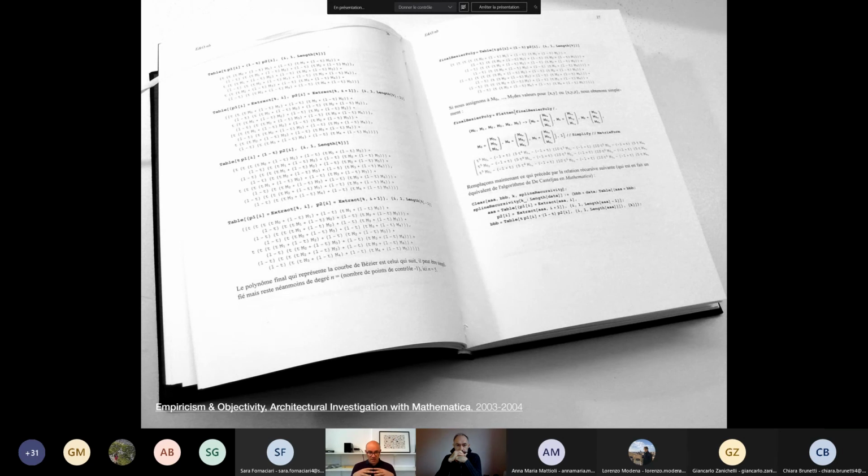And ultimately, I ended up saying that architecture is just about knowledge, and the shape that knowledge takes in the discipline of architecture is pattern. I ended up saying that more or less knowledge equals pattern.